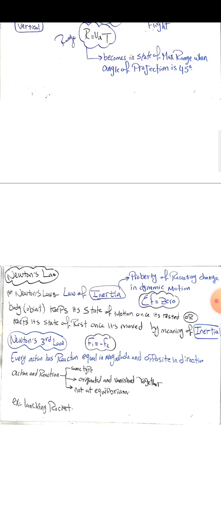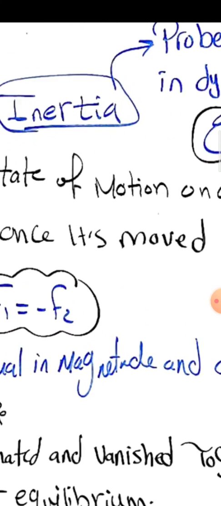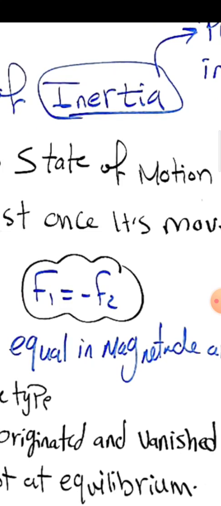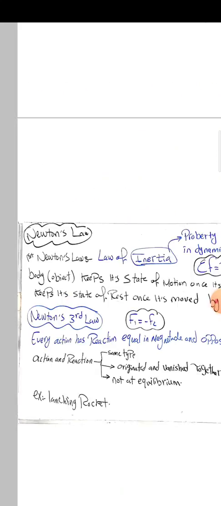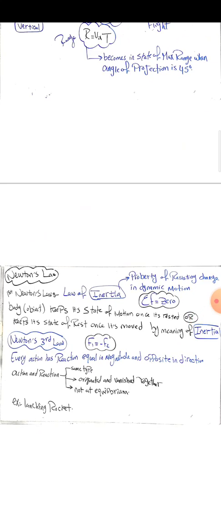In equation form, the first force is equal and opposite to the second force. Action and reaction must be of the same type, originate and vanish together, and are not in equilibrium because they do not act on the same body at the same time.